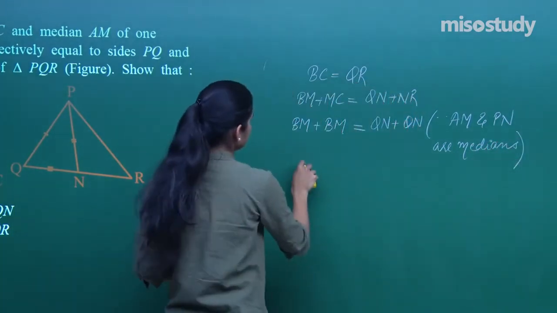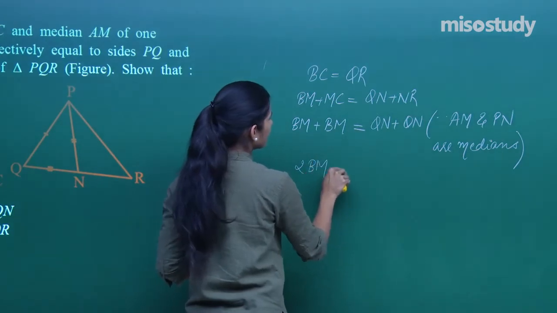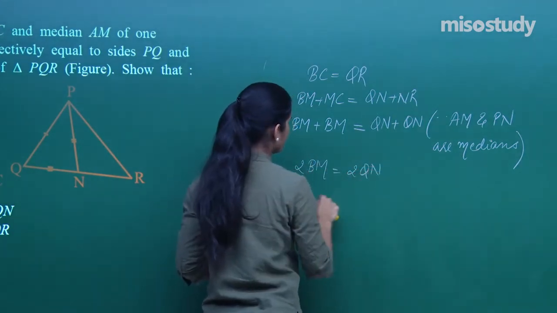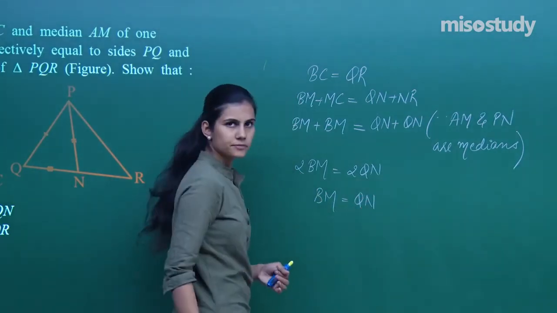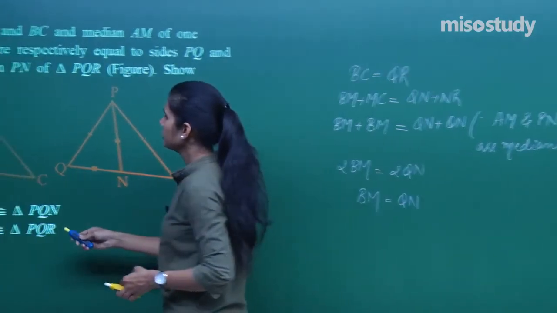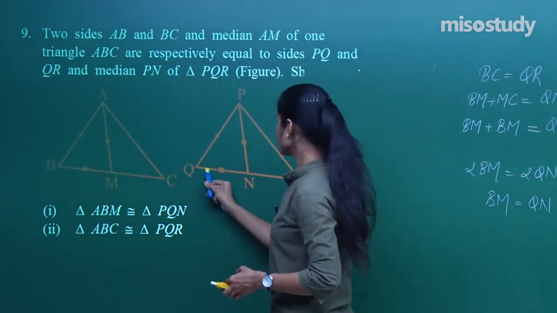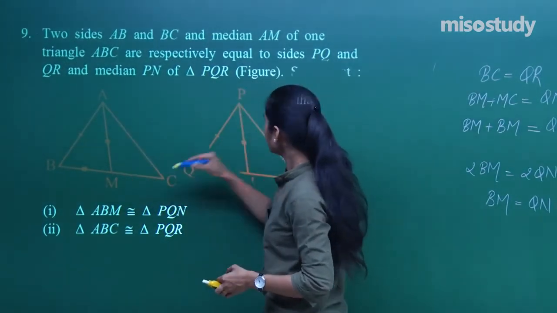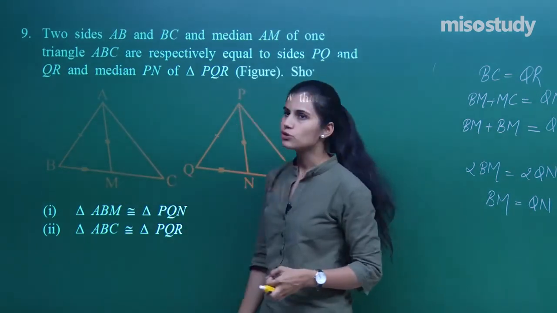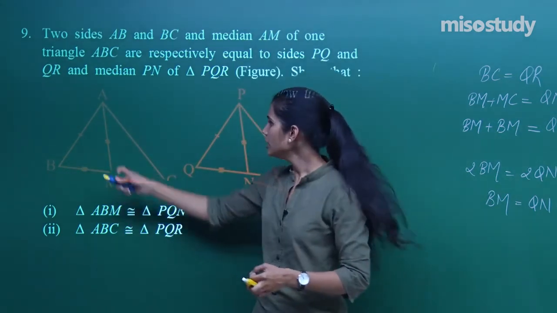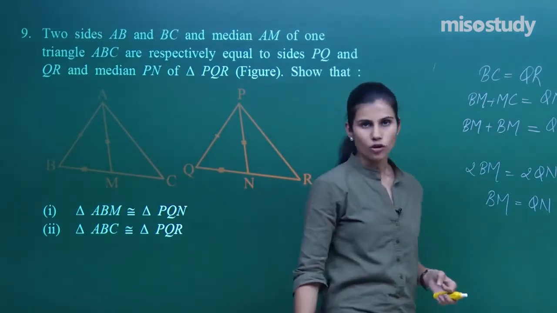This means 2 times BM is same as 2 times QN, or I can say BM is same as QN. So now I have BM is same as QN, AM is same as PN already given, and AB is same as PQ. So by SSS Congruence Rule, these two triangles are going to be congruent.